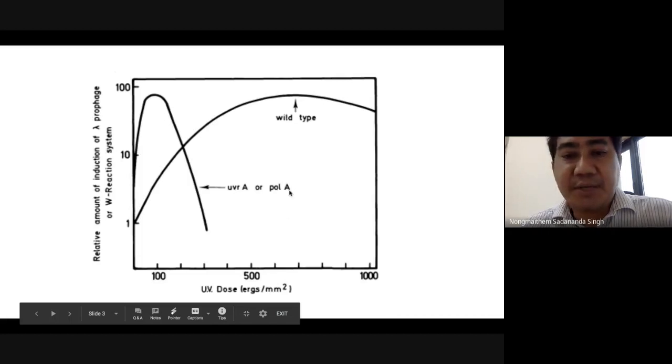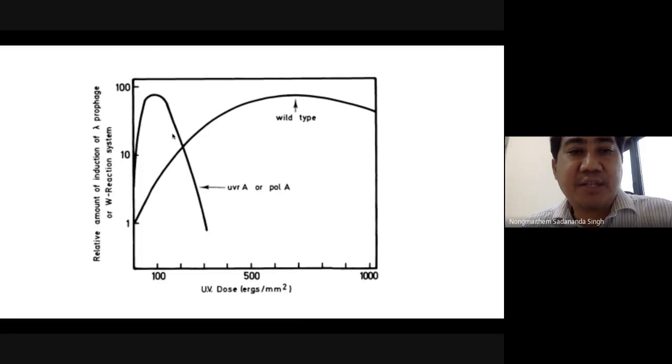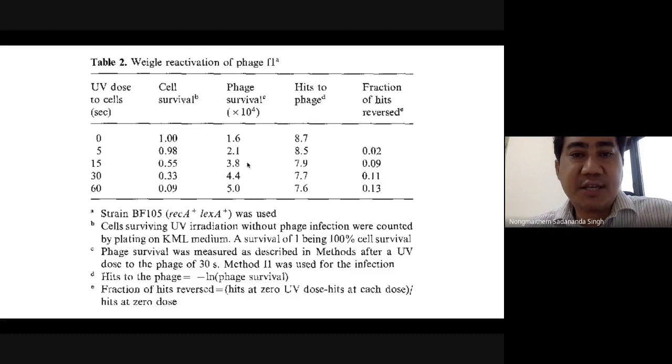The DNA polymerase mutant behaves very similarly to those in which repair is defective. In the wild type, the phage survival is much better. What does it mean? The UV-exposed phage survive better when the host cell is exposed to UV radiation, and this better survival links to DNA polymerase, DNA replication and DNA repair.